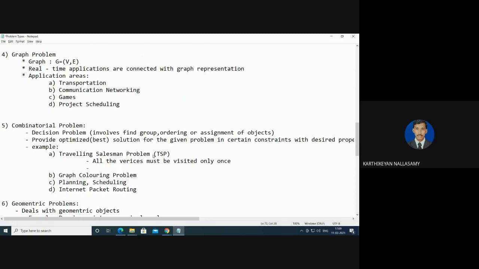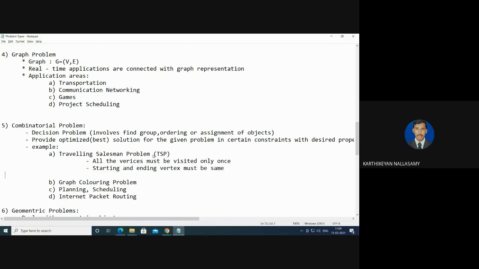The starting and ending vertex must be the same. And the third is the optimized solution: it must be the shortest cost path. So these are some of the constraints.